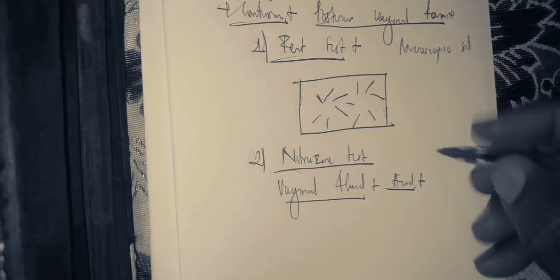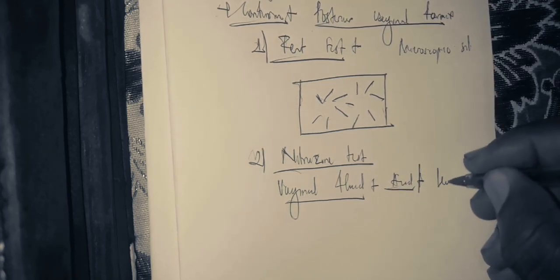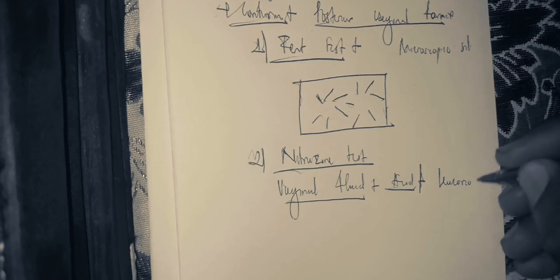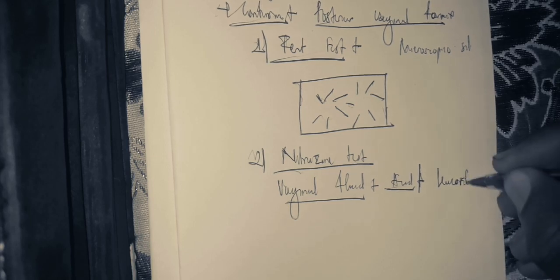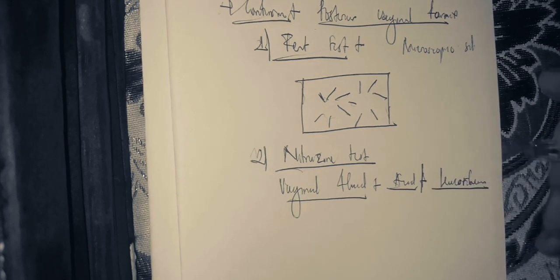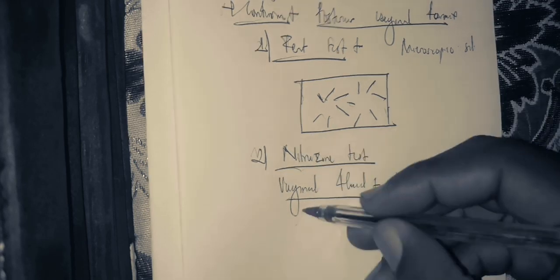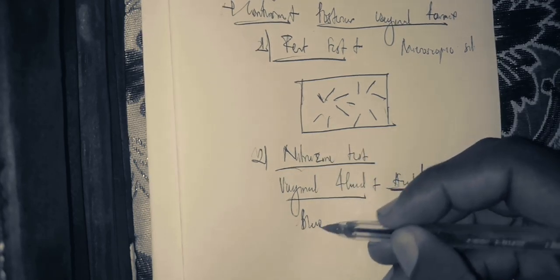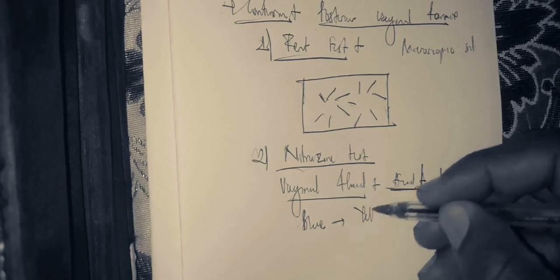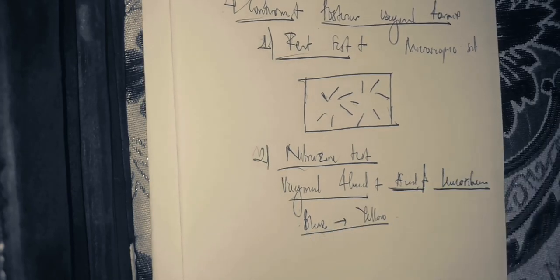So if you have a leukorrhea or a vaginal discharge, it is generally going to be acidic, and it's going to convert blue nitrazine into yellow because it is acidic.